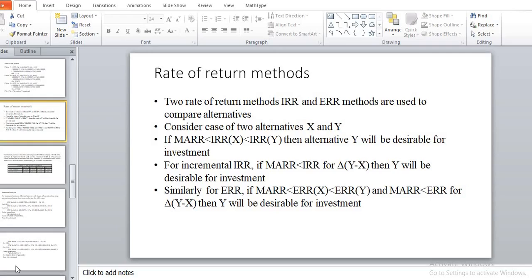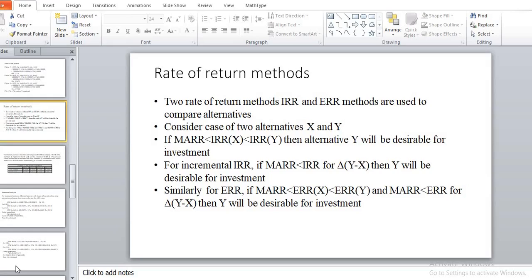Similarly, we can use the internal rate of return method and external rate of return method by considering the incremental value. The incremental rate is nothing but the interest rate calculated for the increment, or the difference between two projects.